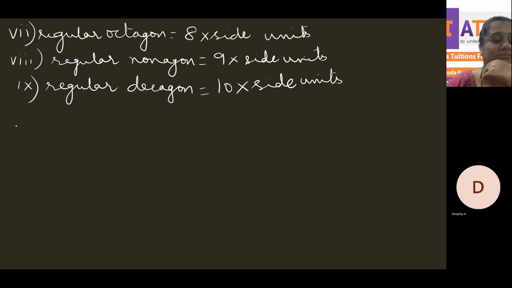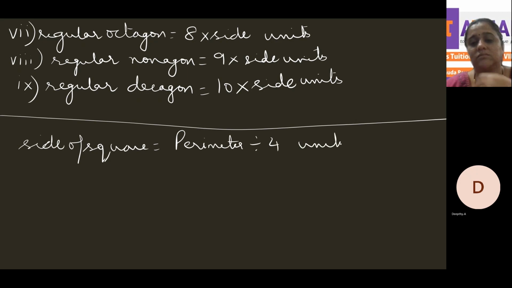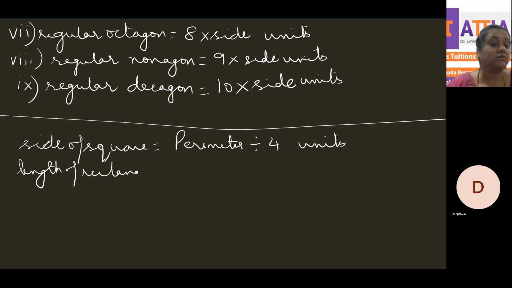Then what else we learned today? We also saw that the side of a square is equal to perimeter divided by 4, correct? And what about length of a rectangle? Length of a rectangle is equal to semi-perimeter minus breadth. And how do you find semi-perimeter?